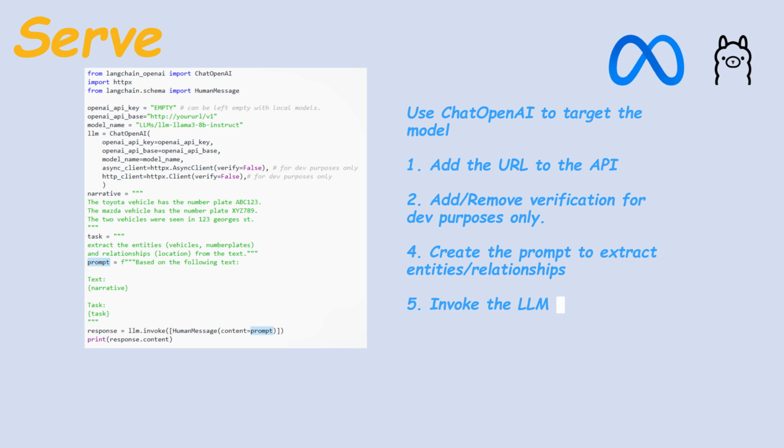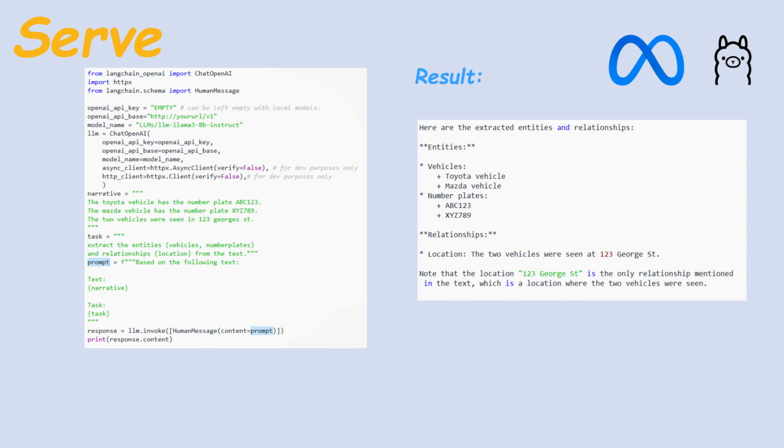Then create the prompt, do some entity extraction, and invoke the LLM. You can see the results here showing the number plates and the vehicles. This is similar to what you will be doing when you target external APIs. So you can see how vLLM can handle your roadblocks via using locally deployed models.